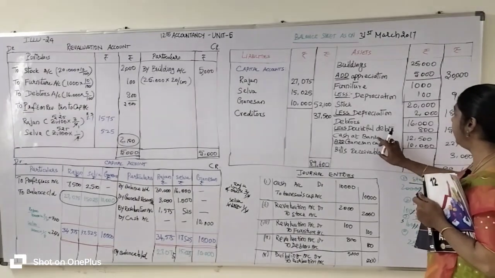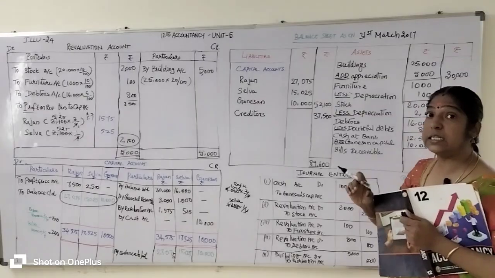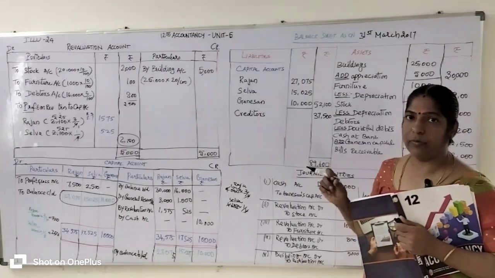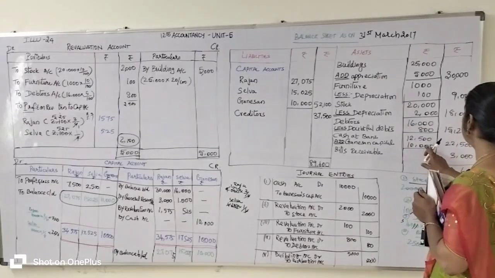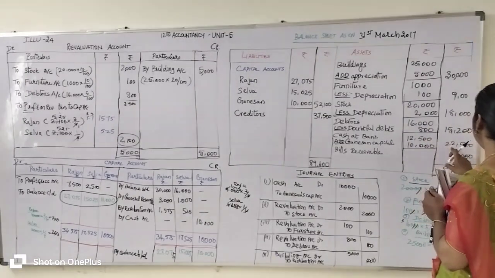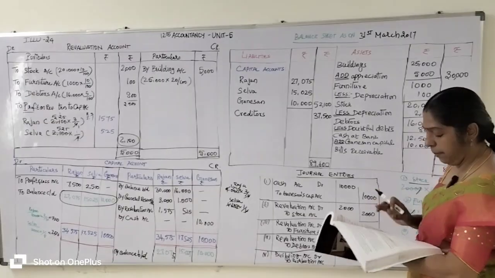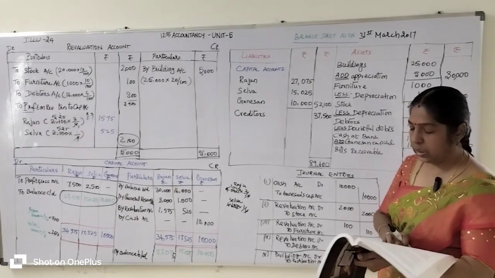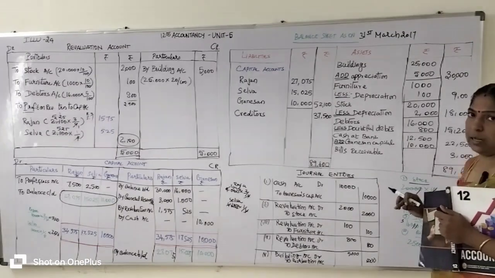We are going to add the Ganesan capital with the cash account because Ganesan brought cash in the name of capital. So cash will be added with the cash at bank: 10,000 rupees plus 12,500, you will get 22,500 rupees. Okay. Then bills receivable 3,000 rupees will be entered on asset side of the balance sheet.